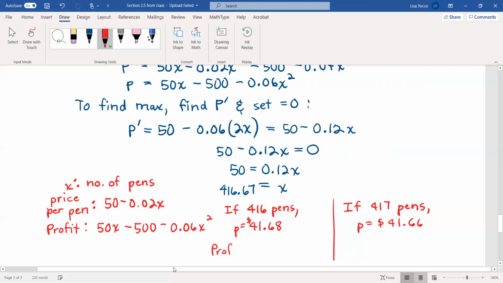And then the profit, again, I'll compute that for both numbers. I'm assuming y'all don't need to see my calculator. I'm really just substituting in functions.